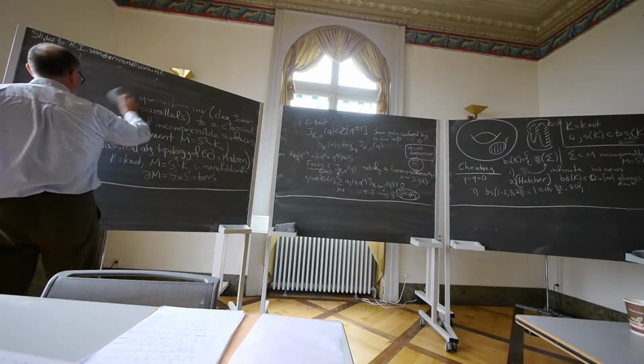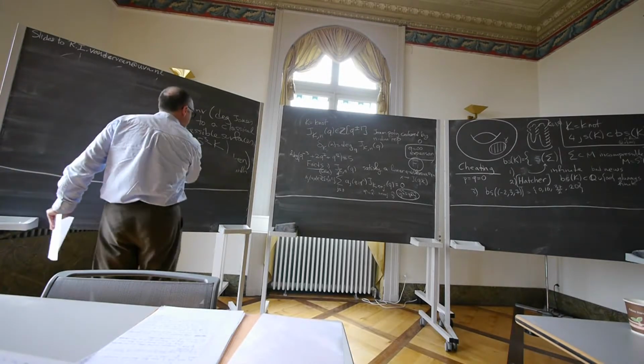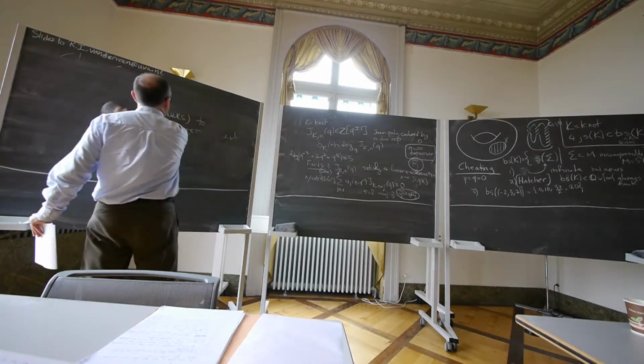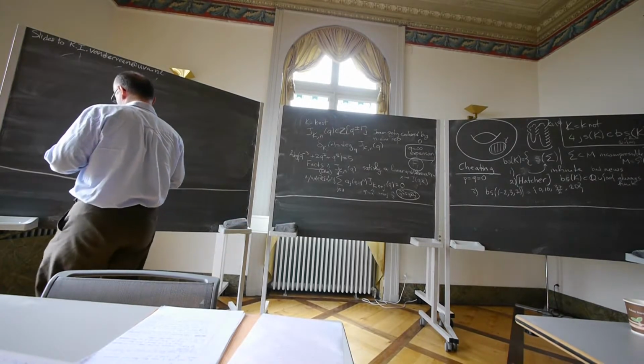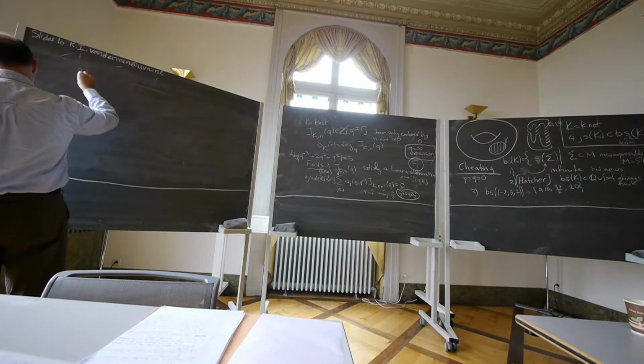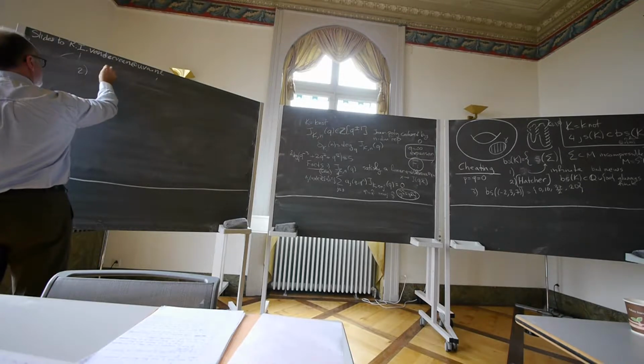Okay, so that's one thing that we have. Now here is the next result. That's one fact. Now I need to tell you something more. So here is another theorem.